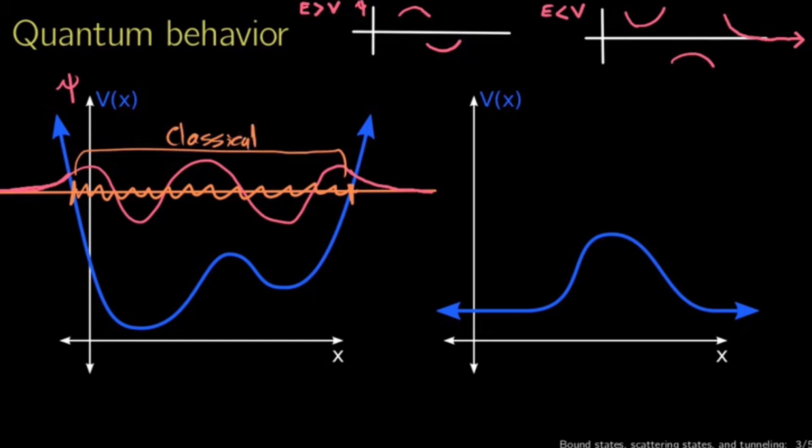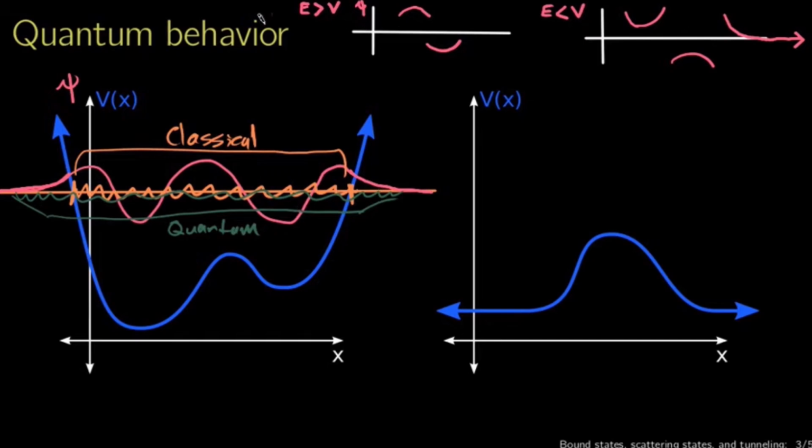But our quantum allowed region is going to continue out past, and it's not going to have particularly sharp boundaries here. This would be our quantum allowed region, going all the way out, even beyond the classical turning points. So this is a little bit different.